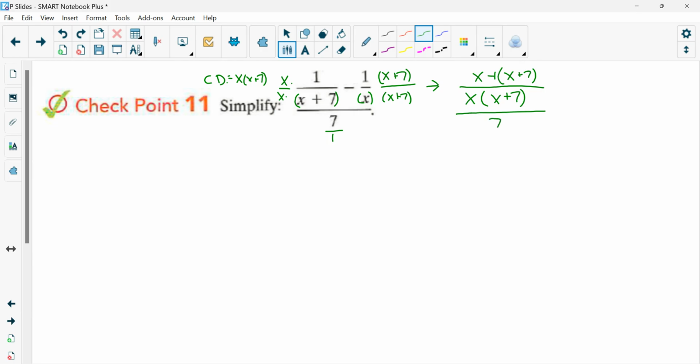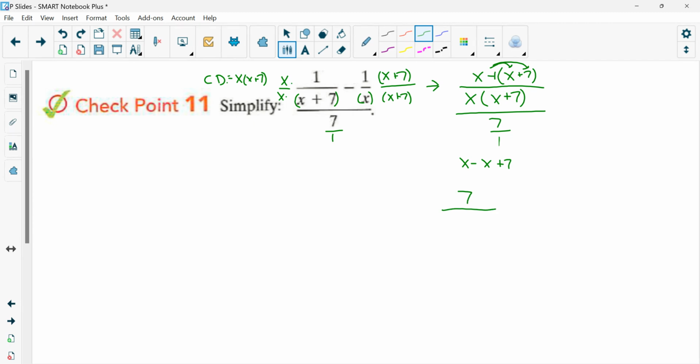On the bottom, I'd have 7 over 1. So before I can go any further, I do need to distribute that negative 1 through. That would give me x minus x plus 7. Well, x minus x is 0, so I just have 7 in my numerator now.